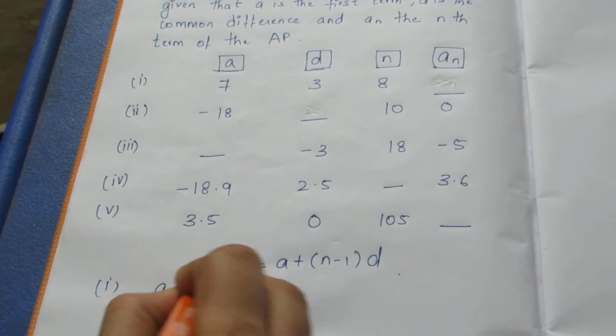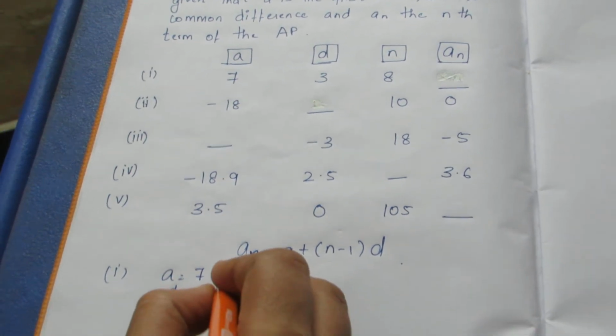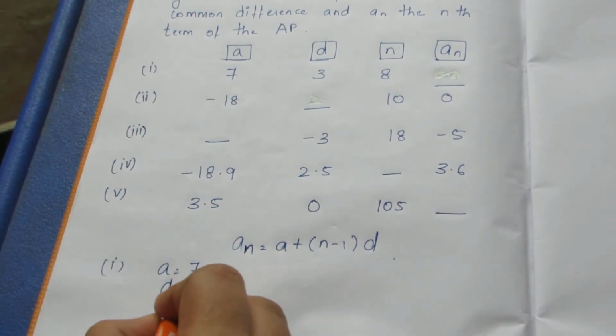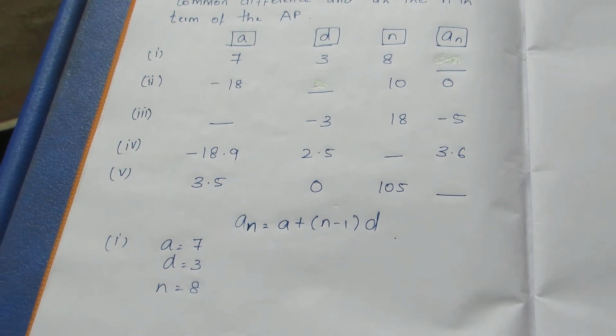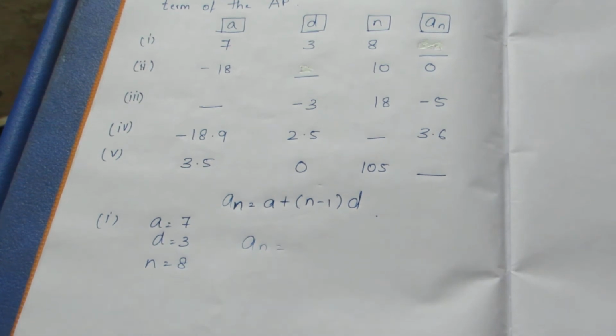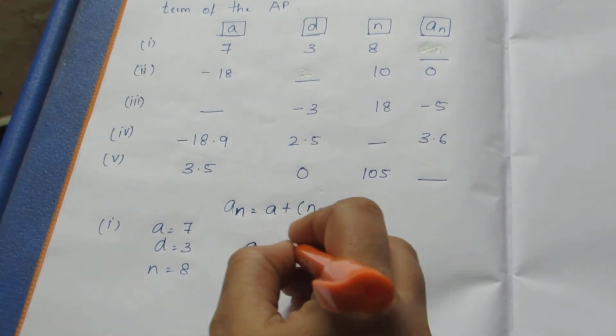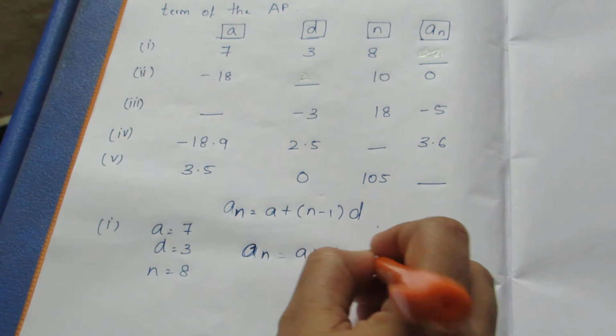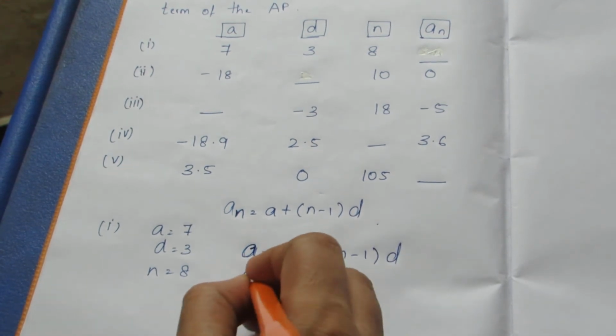Here A equal to 7, D equal to 3 and N equal to 8. Now we are going to use the AN formula. AN equal to A plus N minus 1 into D. Here AN we don't know, we need to find that.